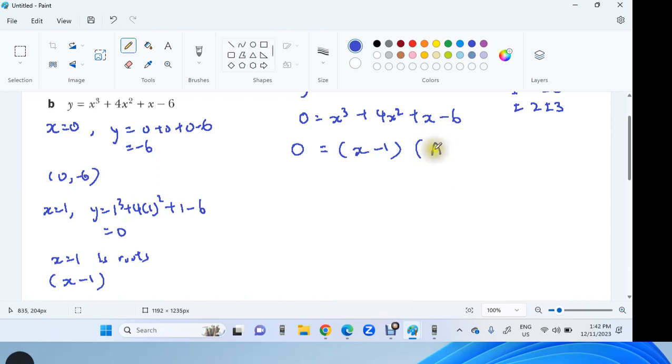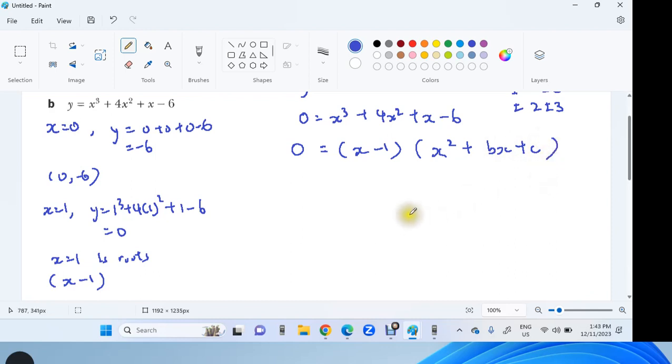Then this part will become ax squared plus bx plus c. But because x power 3 is x power 3 only, we have x squared plus bx plus c.